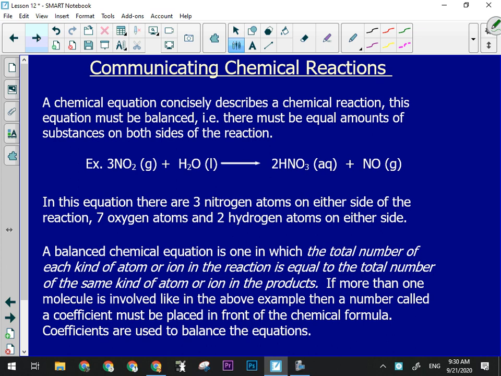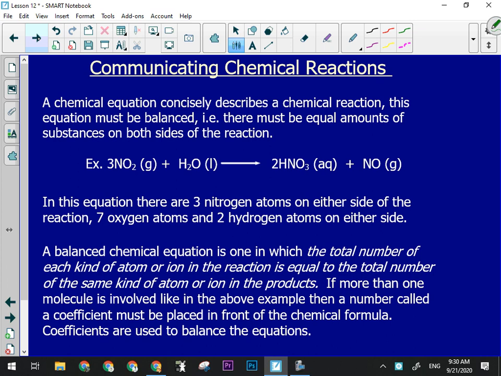So, looking at this reaction here, how many nitrogen atoms are on the reactant side here? 3. Okay, there's only one place where nitrogen atoms are located. It's right here, and there's 3 of them. How many are over here? 2 here and 1 there for a total of 3. So the nitrogens are balanced.